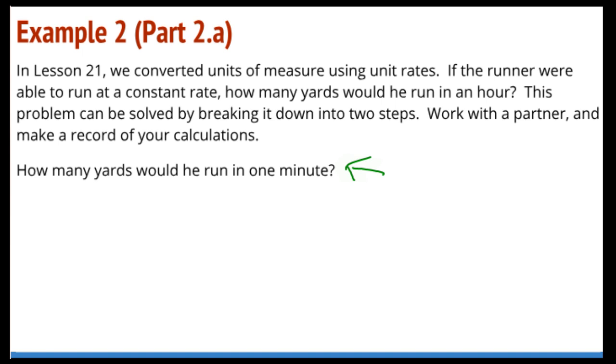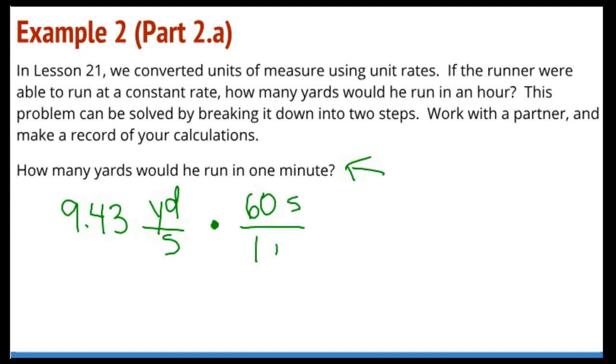And we have already figured out that the runner is running 9 43/100 yards per second. Now I want to scale that up to 1 minute. And I know that there are 60 seconds in 1 minute.